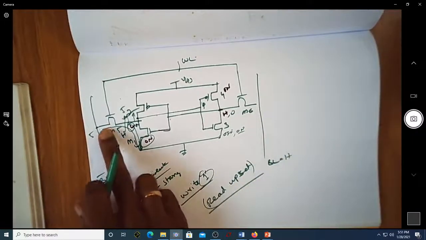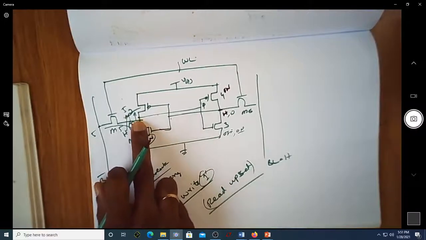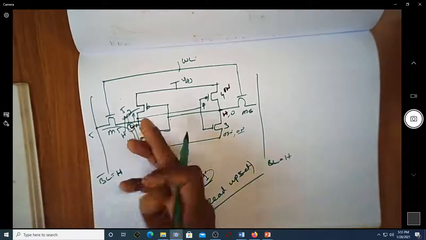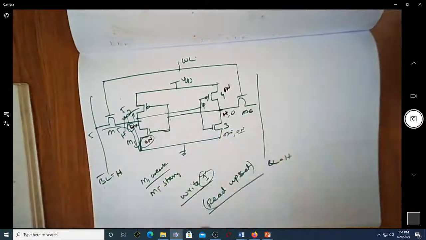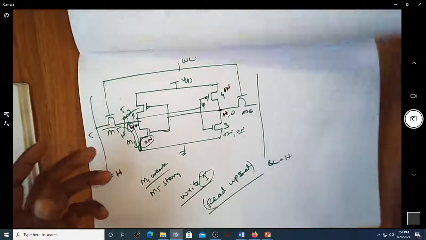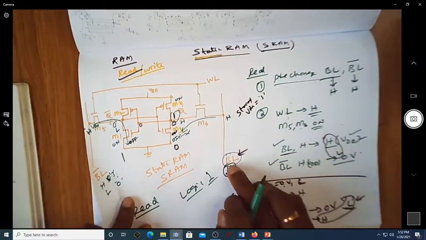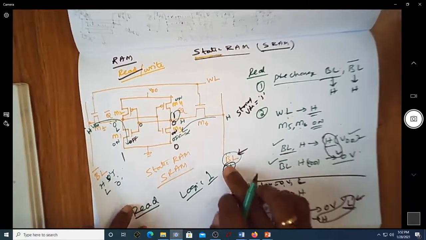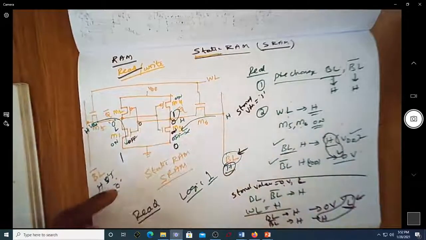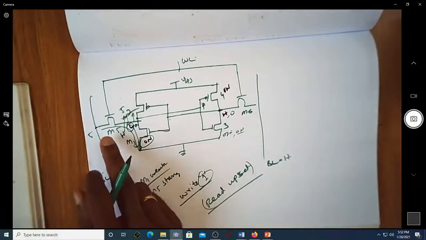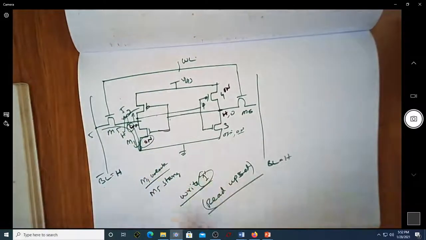Write 1 means you are writing 1 to this node, which is not desired in this type of read operation. In this read operation, as we explained in the previous case, the value of your BL should remain high and this should go to 0 under normal condition. Because we assume this is stronger, this is weaker, you are in trouble.